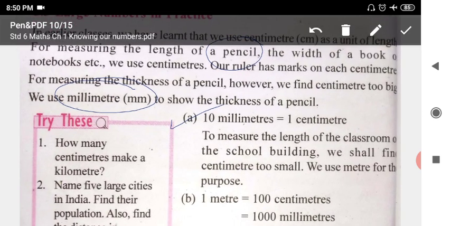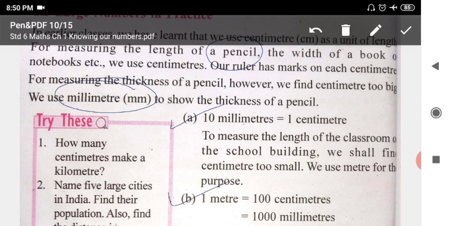Now after these small things, things come somewhat bigger. For example, the board of the class, a window, or the table. For measuring these we use meter. And you all have studied 1 meter is equal to 100 centimeters.